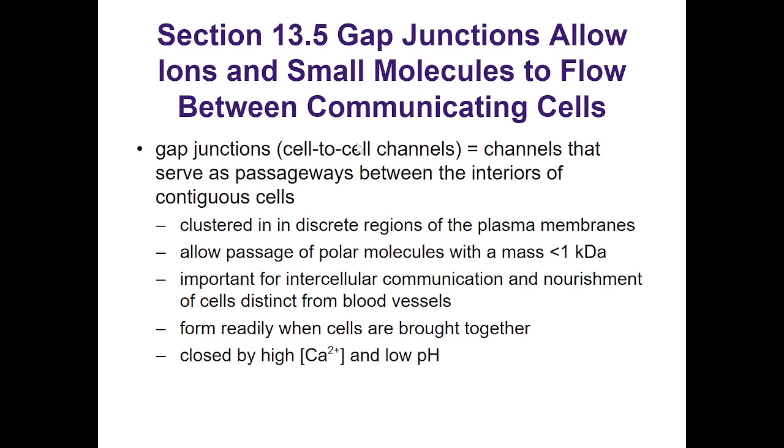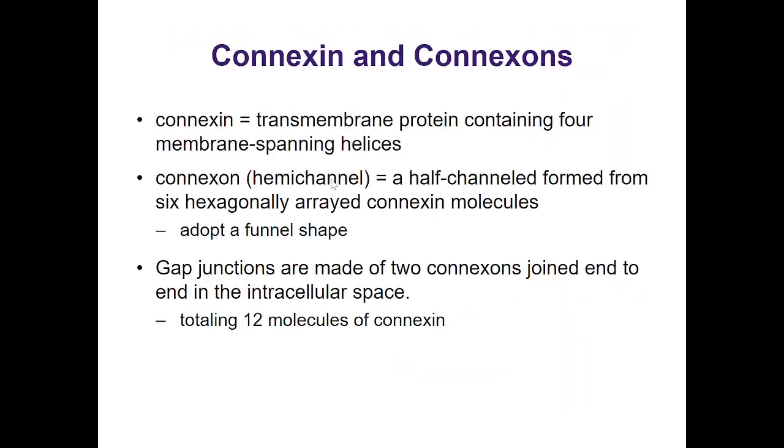The cell-to-cell channel would involve understanding this stuff a little bit more, because literally 2 channels, 1 on each cell, connect together. Again, the gap junctions are 2 connexons joined end to end in the intercellular space. That's why they're called the gap junction. They're a junction crossing the gap. They're going to total 12 molecules of the connexins, 6 and 6, right? Arranged in a hexagonal pattern.